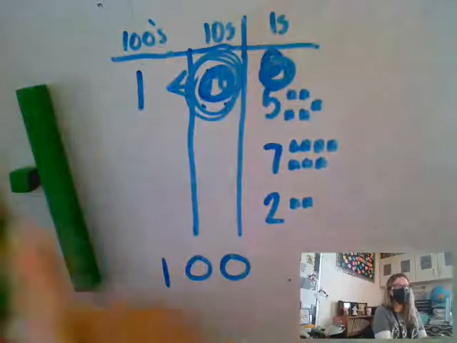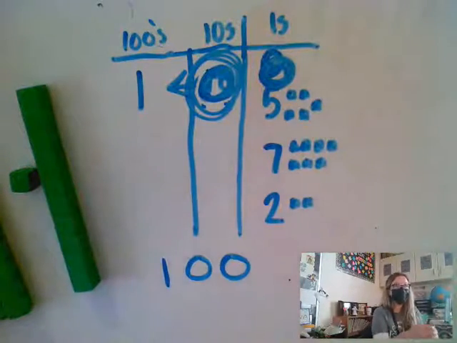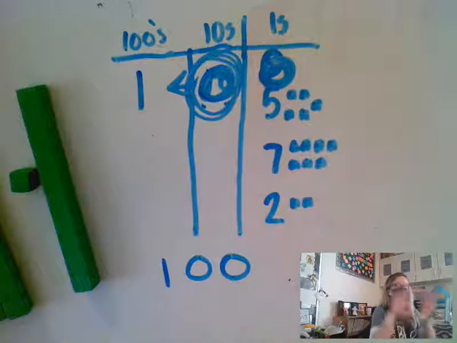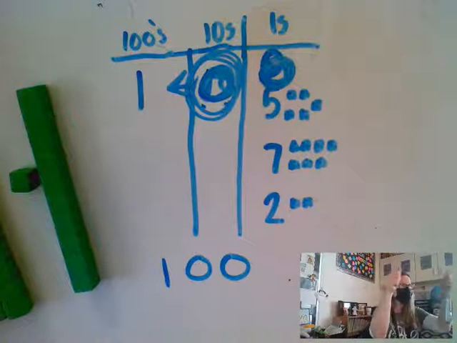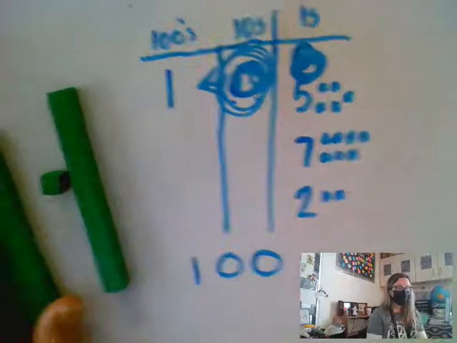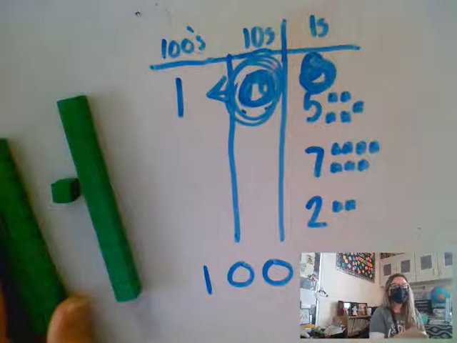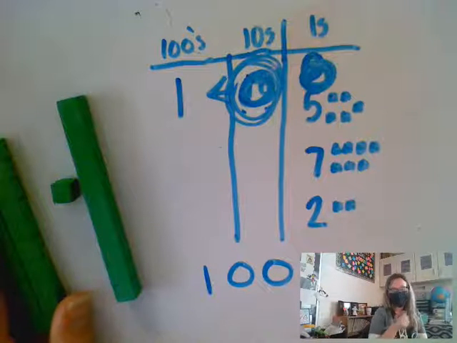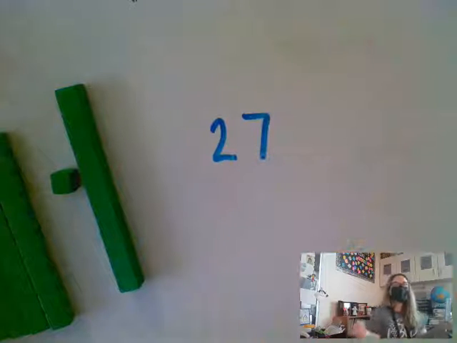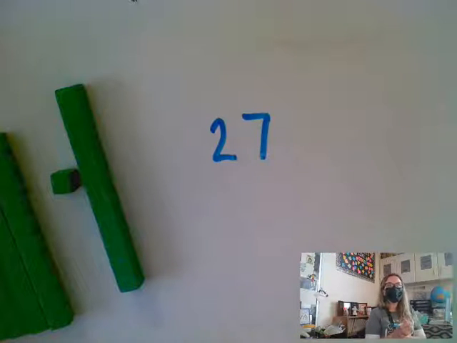And we represent our 100 by putting 10 of our 10 rods together, and that makes a 100. We take 10 bundles, wrap them together, and make 100. Or we take 10 frames that are filled up, and it's one sheet of 100. Okay? So now we have ones, tens, and we're looking at hundreds. Now, when I look at a number like 27, you can easily tell me 2 tens, 7 ones.